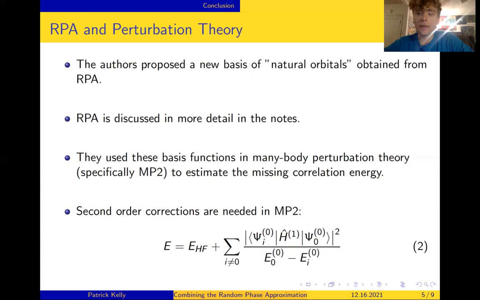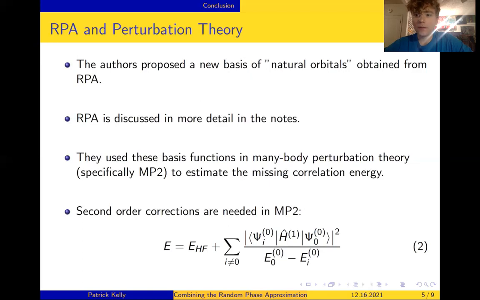But the point is, it's one of probably many ways of getting a set of basis functions, and they used it to get what they called these natural orbitals, that they used as a basis. Then they use this basis in many-body perturbation theory, Moeller-Plesset theory, to estimate the missing correlation energy.